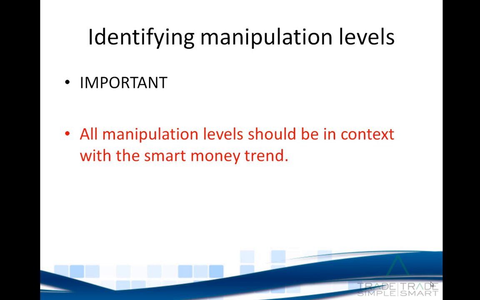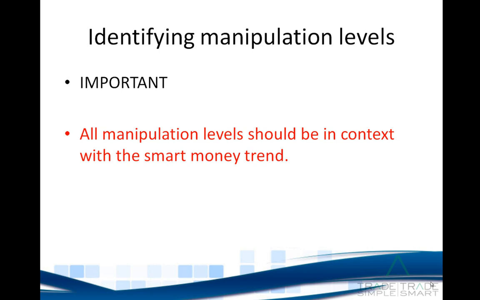So for example, if we've identified a phase 1 coming out of level 3 accumulation, the following day we're going to be looking for manipulation levels of buy orders that smart money are going to sell into to continue phase 2 of the trend.